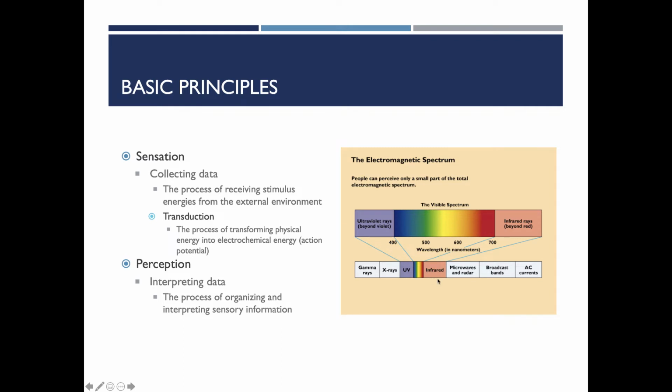There's also some animals that can see infrared. Pit vipers are able to see an infrared glow on warm-blooded creatures, so when they're hunting, it is easier to find their prey. For humans, we just have this section that ranges in wavelength from blue to red.